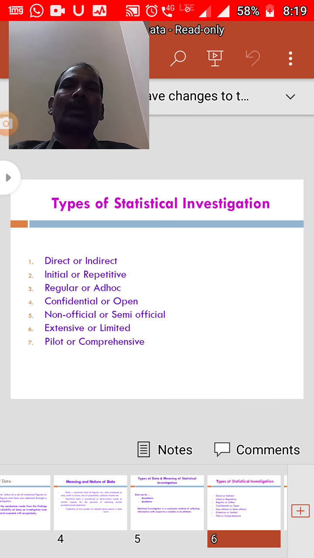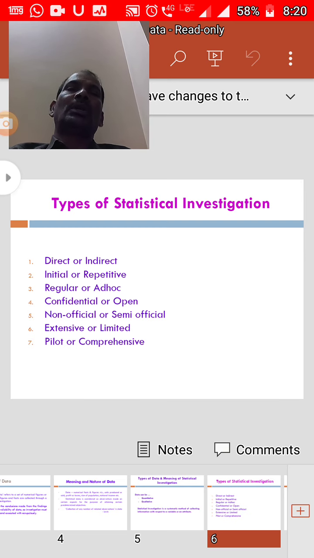A repetitive investigation is conducted in continuation of the initial investigation. Hence, this investigation does not require separate planning, since a prepared plan already exists, and some changes are required to suit the repetition.